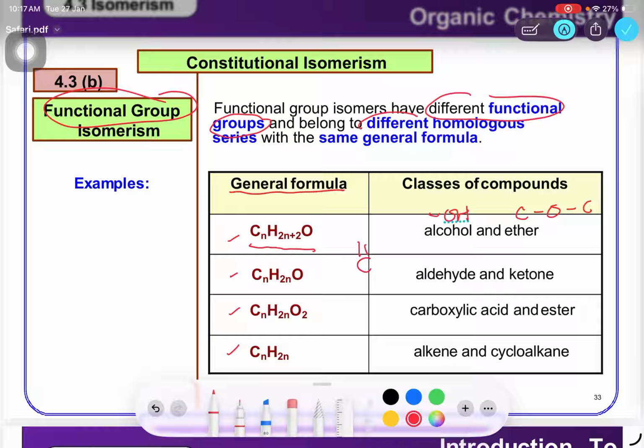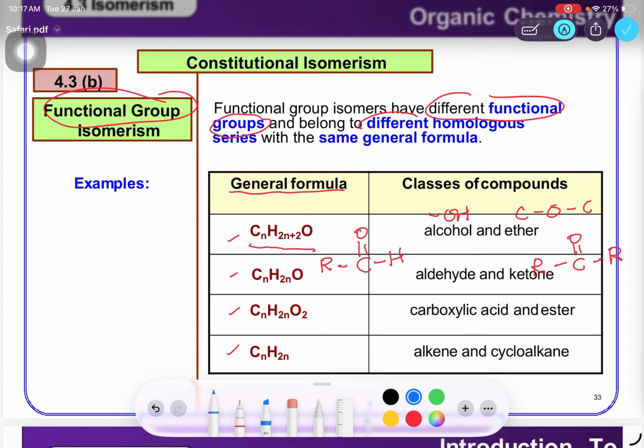For aldehyde, we have C double bond O, and carbon always has 4 bonds. Of the other 2 bonds, one must be bonded to hydrogen, and the other is generally an alkyl group or bonded to carbon. For ketone, it will be C double bond O, but the left hand side and right hand side are both attached to carbon.